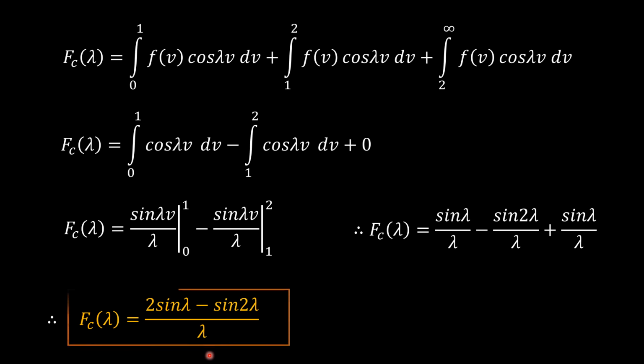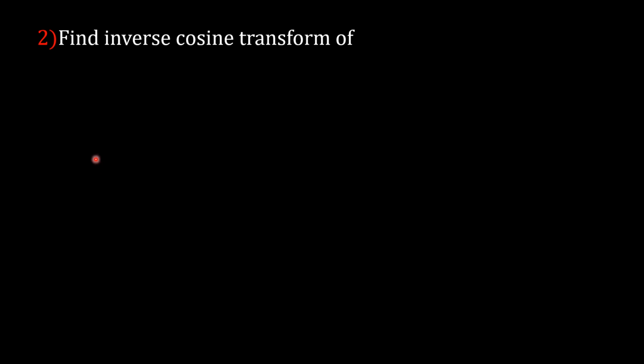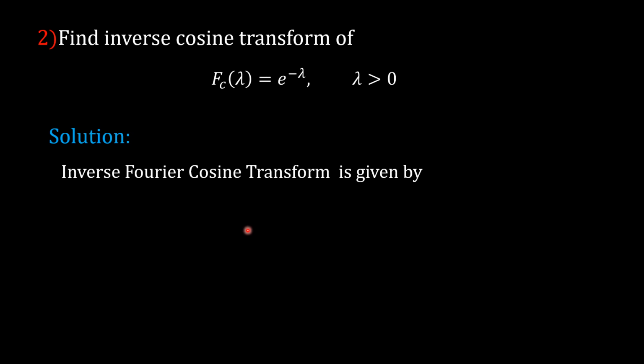Now we will consider the next example. Find inverse cosine transform of epsilon lambda is equal to e raised to minus lambda for lambda greater than 0. Solution. So inverse Fourier cosine transform is given by the formula f of x is equal to 2 upon pi integration from 0 to infinity epsilon lambda cos of lambda x d lambda.